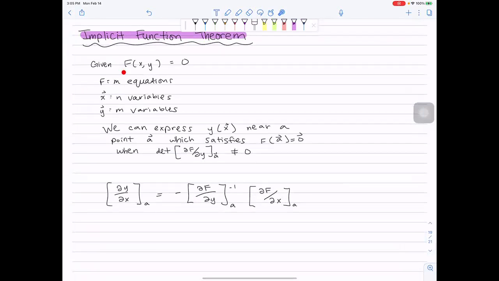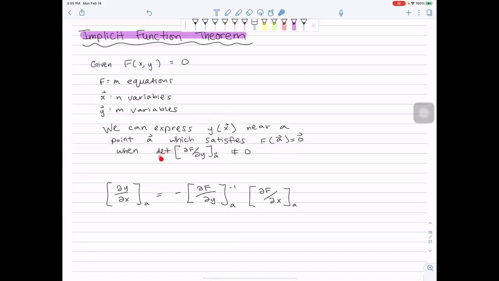If you're given some capital F function in terms of x and y, we want to rewrite it first so that it equals some expression equals 0. Now, if we say that F has m equations, x has n variables, and y has m variables, then we can express y near a point so that it satisfies our function evaluated at a.